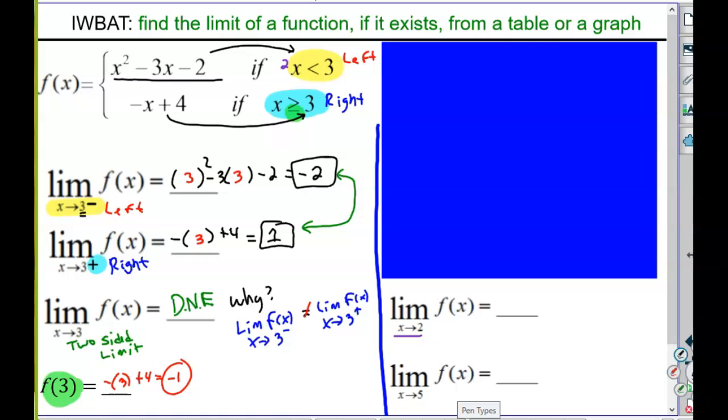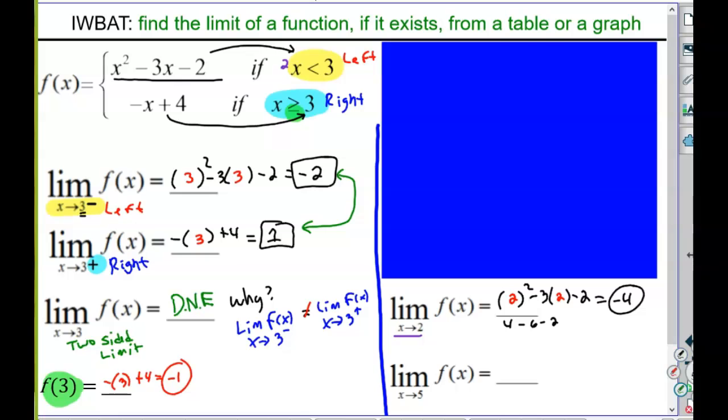And since this entire left-hand side is continuous for its entire domain, it's a parabola the whole way, except for when it breaks up at 3, that means the left-hand and right-hand limit are automatically the same. So all I have to do is take the equation that's given and plug 2 in. It's direct substitution. What do we get? We get 4 minus 6 minus 2, which is negative 4.